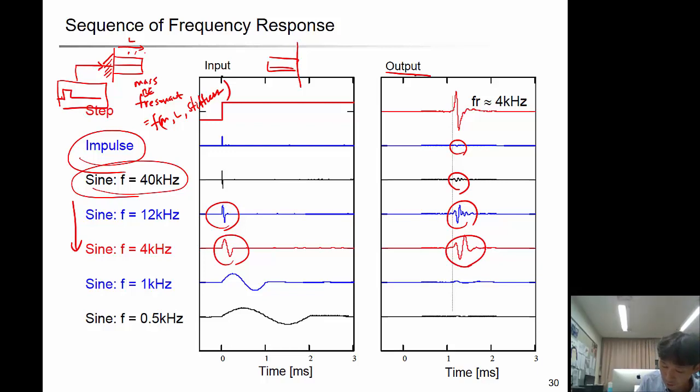This means that 4 kilohertz gives you the biggest amplitude. That means that the soil stiffness may have a resonant frequency close to 4 kilohertz, and the bender element also has a frequency close to that value.